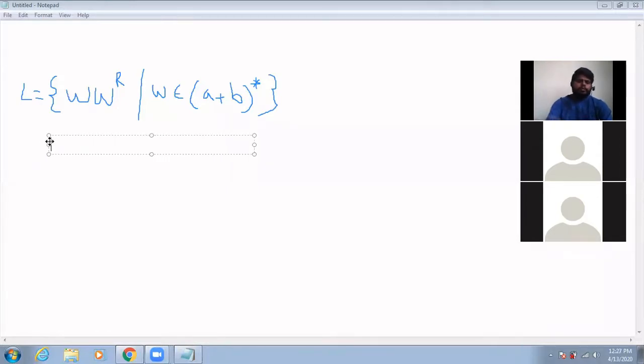Try to take examples here. You take AB, and if you reverse this, you will get BA. Like this, ABB, and you reverse this, BBA.